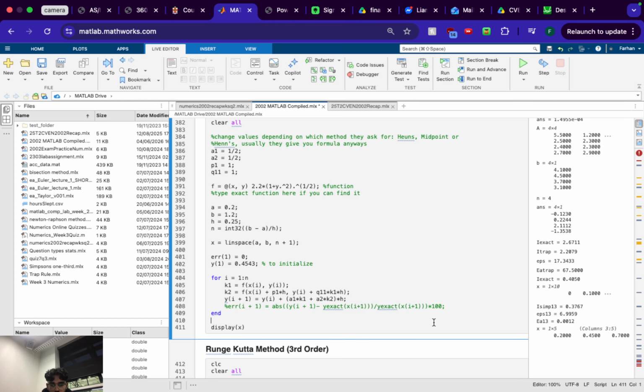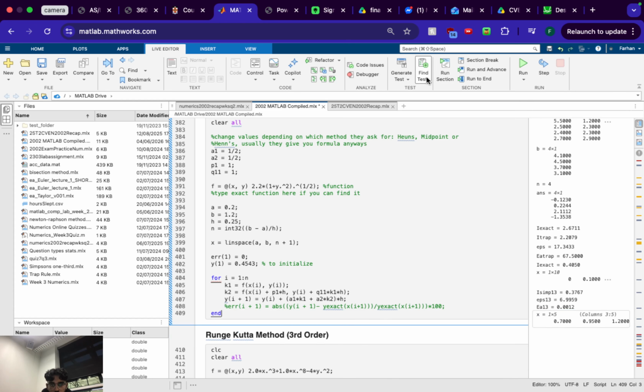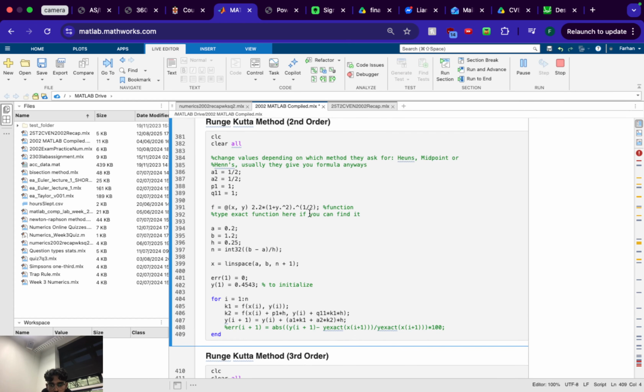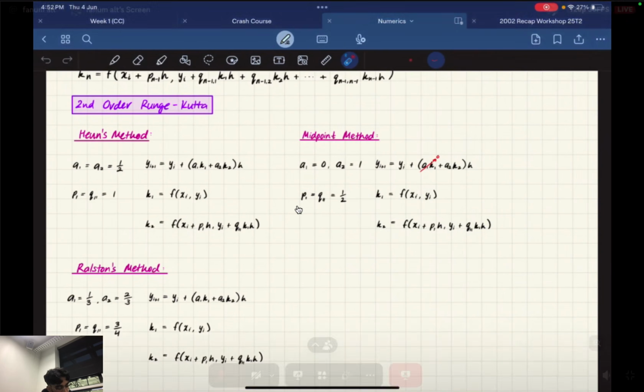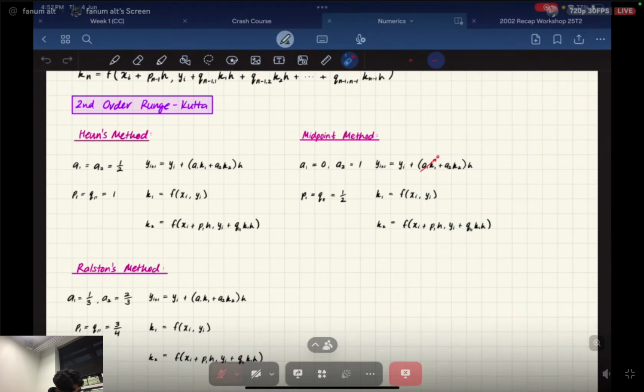There's a few different equations. What am I actually trying to do?